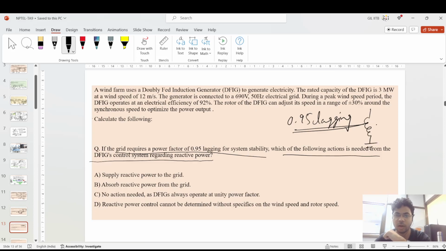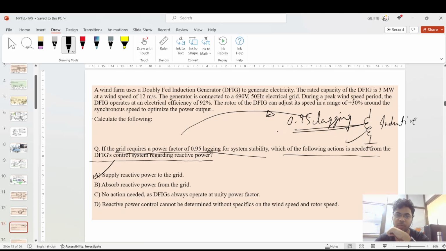It means that it is an inductive load connected from the grid side. So DFIG control will supply that extra reactive power to this inductive load. So DFIG will supply this reactive power to the grid.